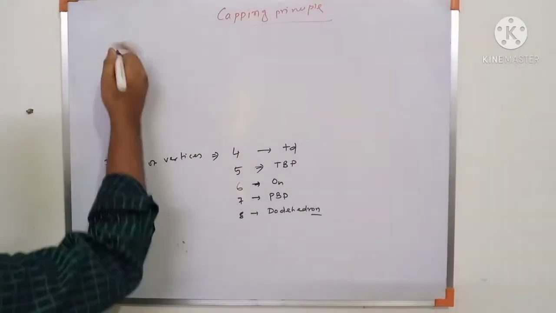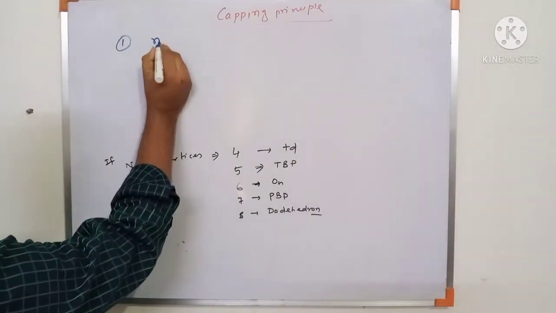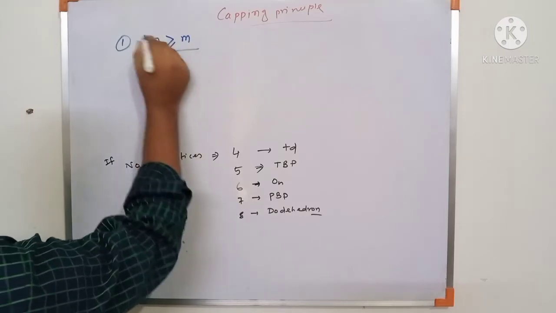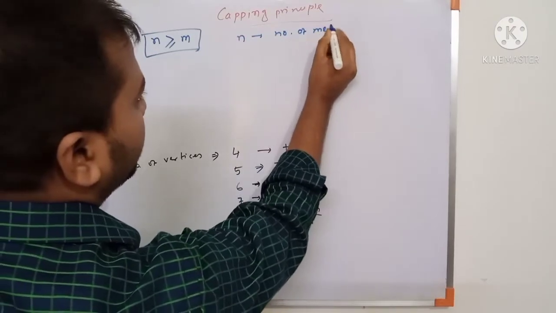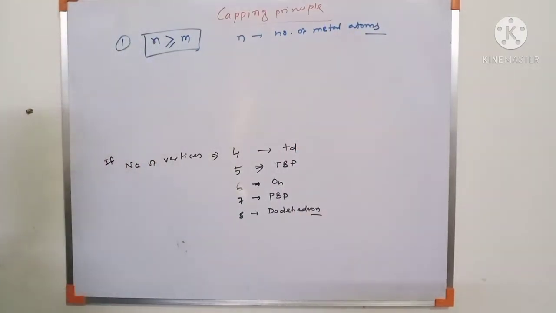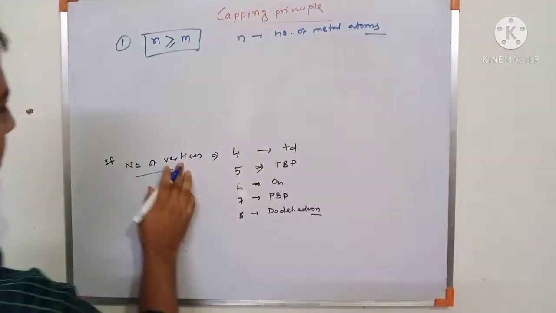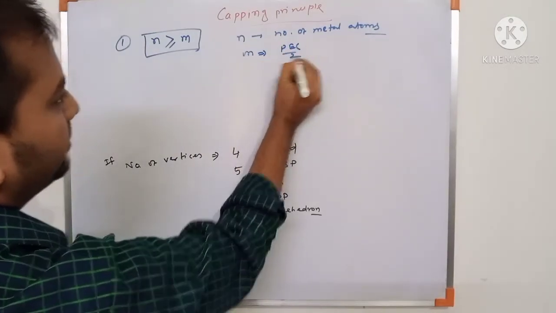In the capping principle, first we see N greater than or equal to M, where N is the number of metal atoms in the metal cluster. M is the polyhedral electron count by 2.